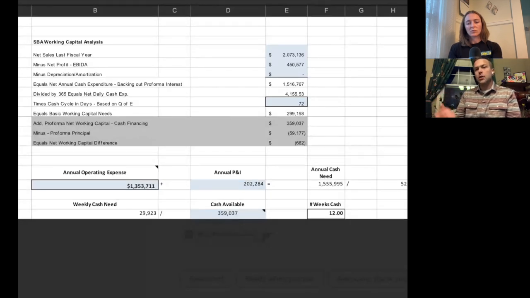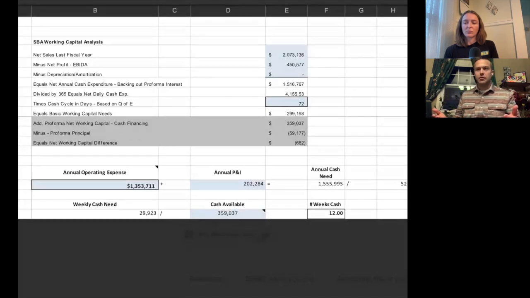Now, if you look in the model below, using the same business and the same numbers, that shakes out to be 12 weeks of cash. So in this example, it worked out to be exactly right at that 3-month mark. But it's not always as simple as taking the cost of goods, dividing by 12, times by 3.